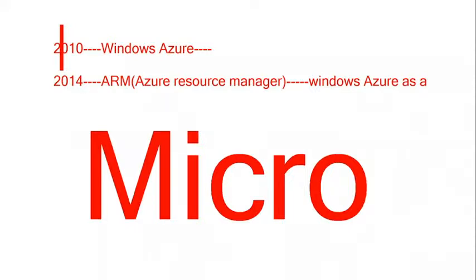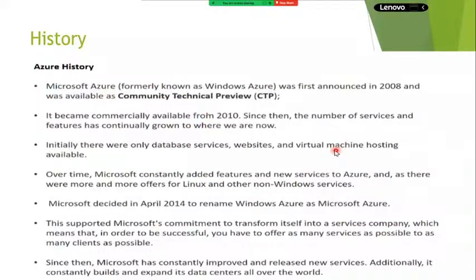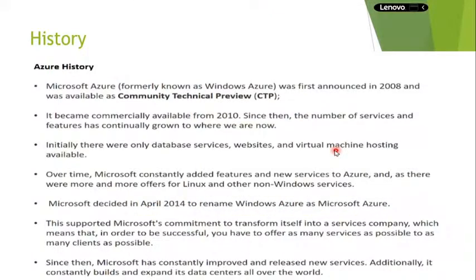Finally, now we are calling it Microsoft Azure officially in the market. Okay, so this is the one slide. In 2010, they introduced Windows Azure. Later in the year 2014, they renamed Windows Azure as Microsoft Azure. This is the history of Microsoft Azure.